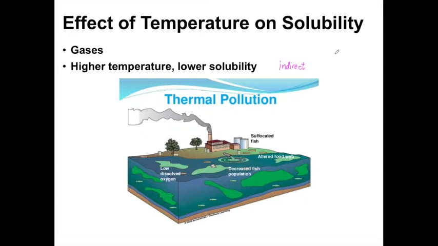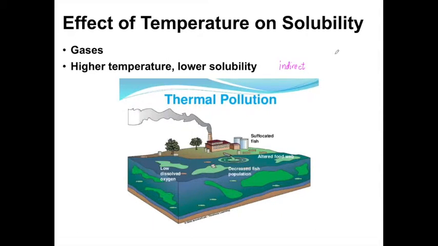Now, a very relevant consequence of this relationship is what we call thermal pollution. So, thermal pollution happens because of an increase in the temperature of water in a lake, for example.